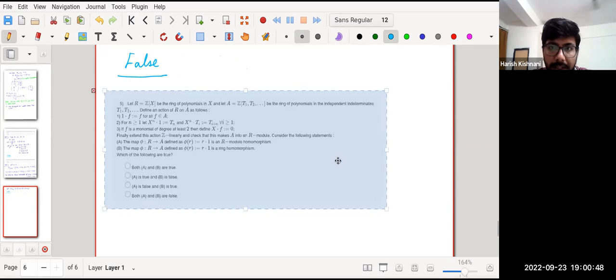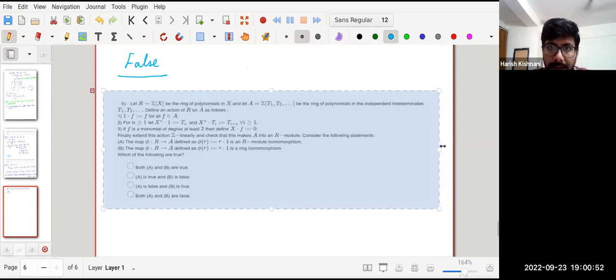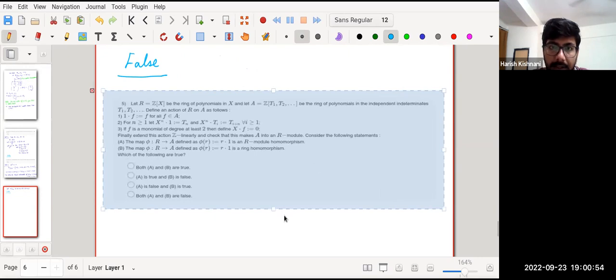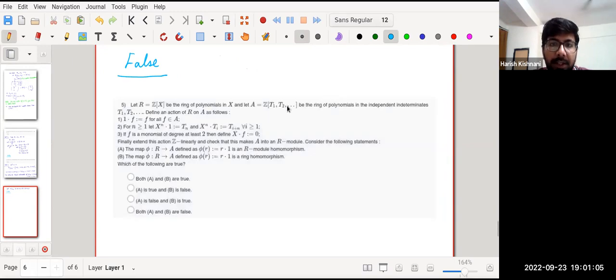Okay. So it says that R is the ring of polynomials in X, and let A be the ring of polynomials in independent indeterminates. Just consider it as a ring in infinitely many variables, T1, T2, and so on. Define an action of R on A as follows. 1 dot f is f again, no problem.